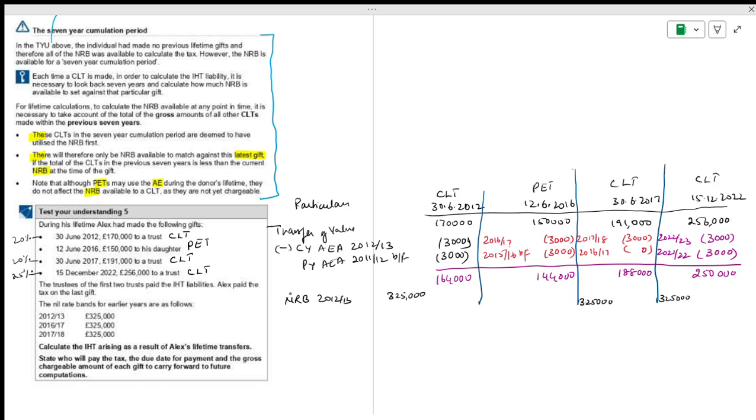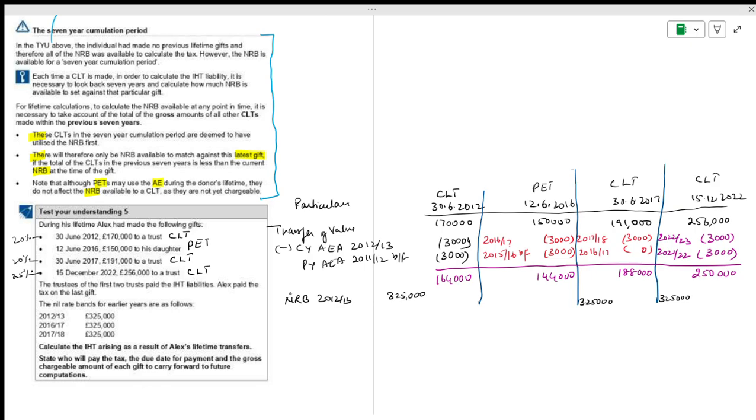It is 325. Next, what we have to take here?